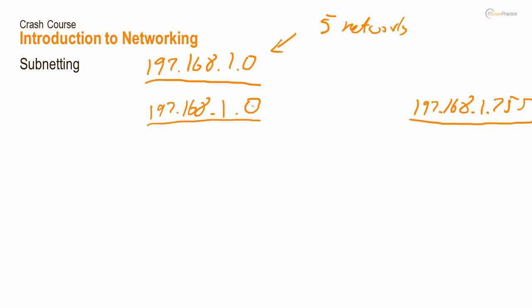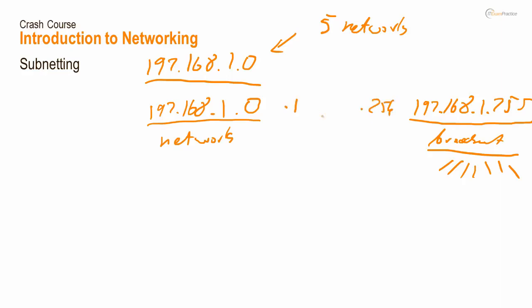The first IP address is called the network address, and this one is broadcast. Broadcast means send everywhere. If I don't know where, I'll send it everywhere. You're not allowed to use 0 and 255. That's why the first IP address is .1 and the last usable is .254.